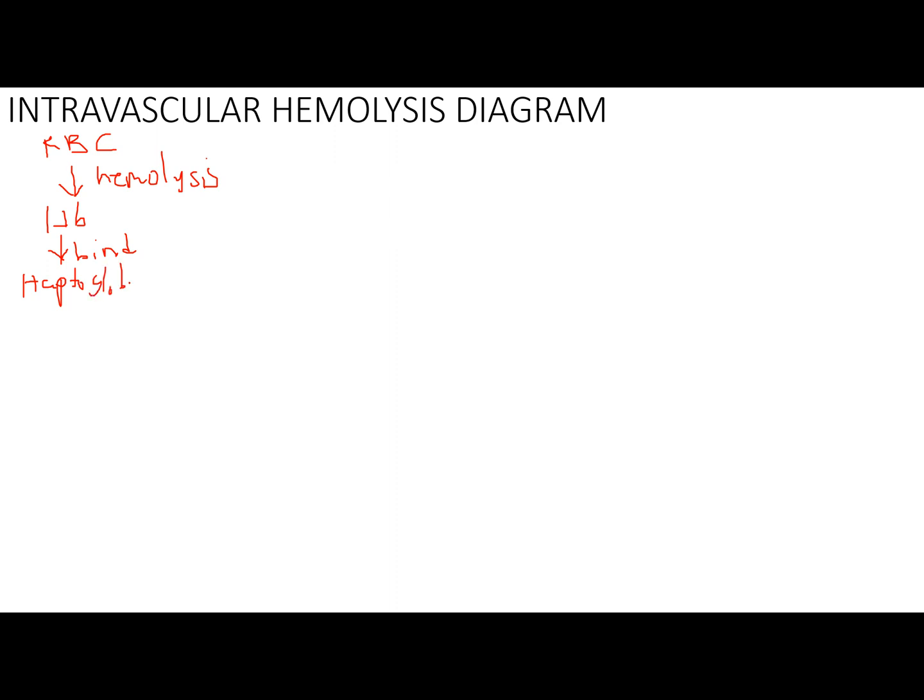Now, haptoglobin class, isulat mo somewhere dyan sa papel, is a plasma protein that binds to free hemoglobin. Now, when the hemoglobin would bind to haptoglobin class, what happens next is that it would be processed by the mononuclear phagocyte system.